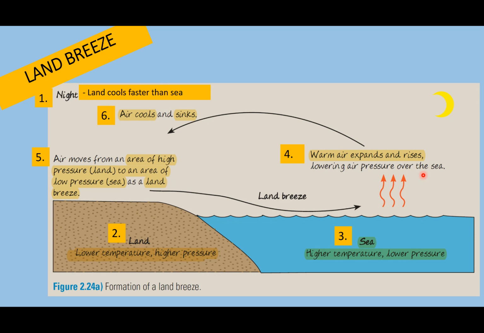Because you know that wind is actually air that blows from high pressure to low pressure, so in this diagram, air moves from an area of high pressure, which is the land, to an area of low pressure, which is the sea, and they flow as a land breeze. Air cools and sinks.